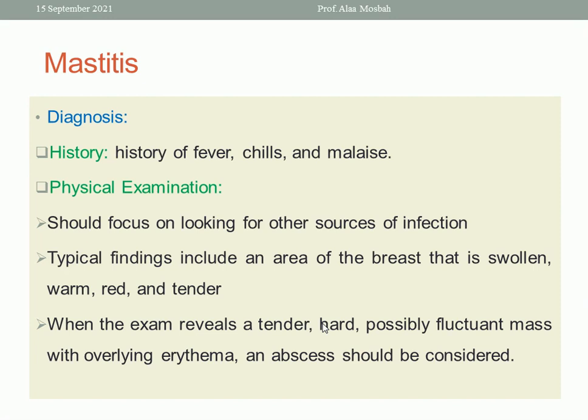When you examine the breast, you will see the breast is swollen, warm, red, and tender. If you find tenderness and the possibility of a fluctuant mass with overlying erythema, an abscess should be considered.